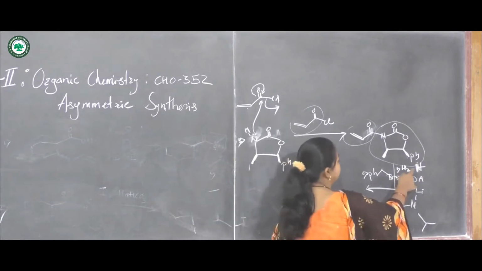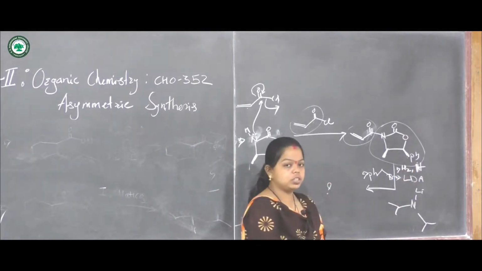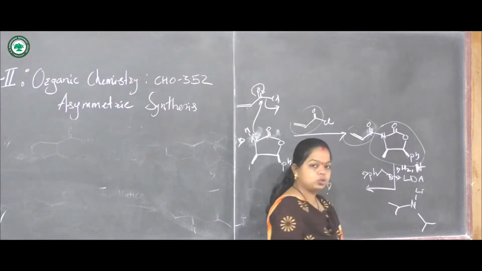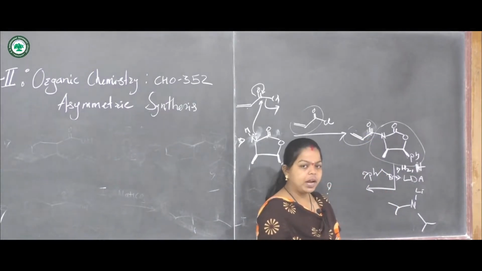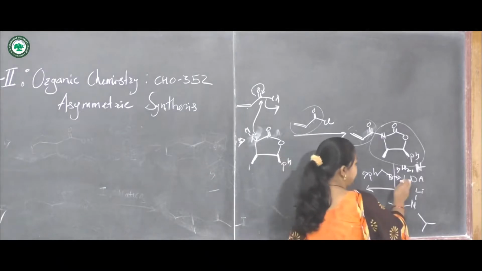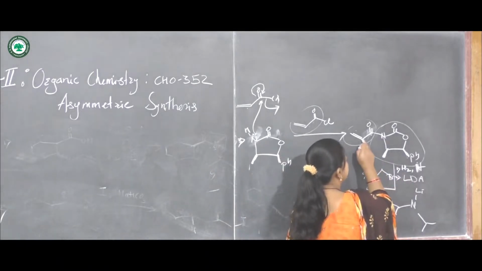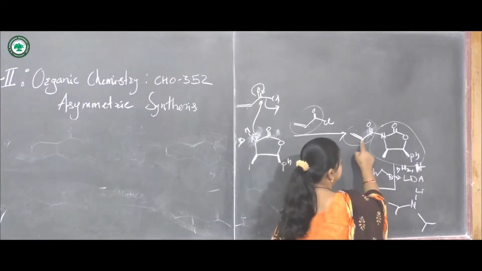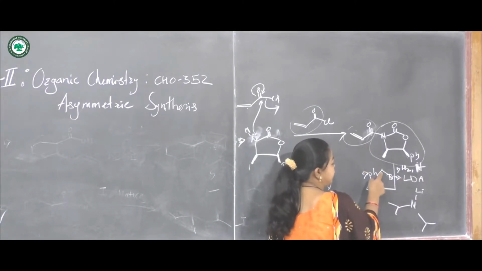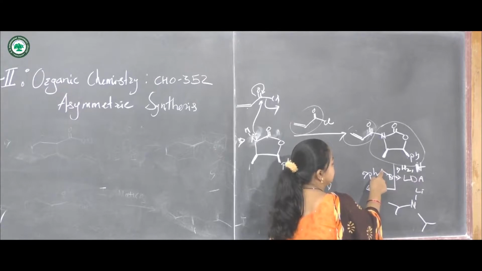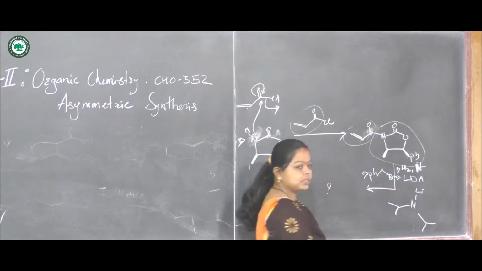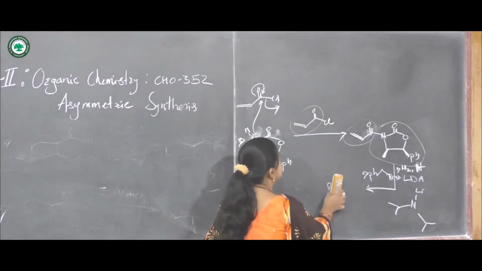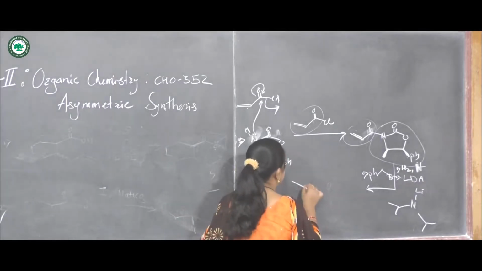So this H2 will carry out the hydrogenation reaction. In this case, the double bond will get hydrogenated to the hydrocarbon, and then treatment with the LDA. These protons are found to be acidic. They can be removed by the LDA. A carbanion is formed here, and this carbanion is going to react with this electrophile, that is benzyl bromide. We know that it is an SN1 as well as SN2 type of electrophile. So we can write the mechanism here.